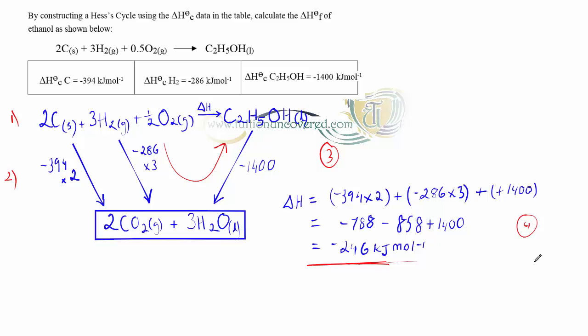I do note that in some textbooks and classes, I appreciate this is taught, if you're working out using combustion data, as you have here in this example, you could say the enthalpy change for what you're trying to work out is going to be the sum of the enthalpies of combustion of your reactants minus the sum of the enthalpies of combustion for your products, i.e. my reactants minus the product, which in this case a minus of minus would have been a positive.